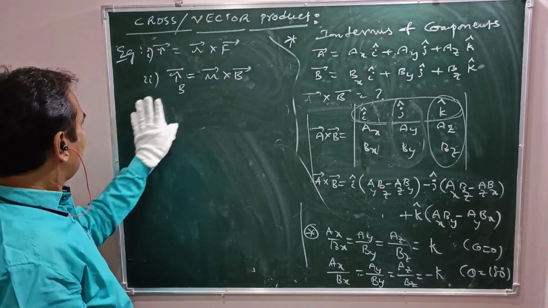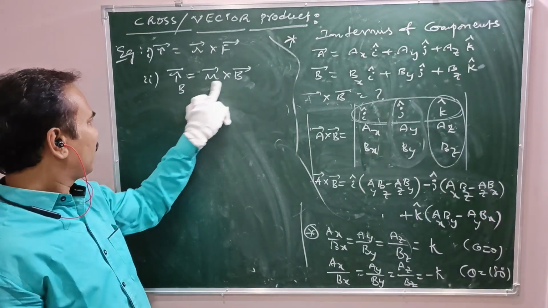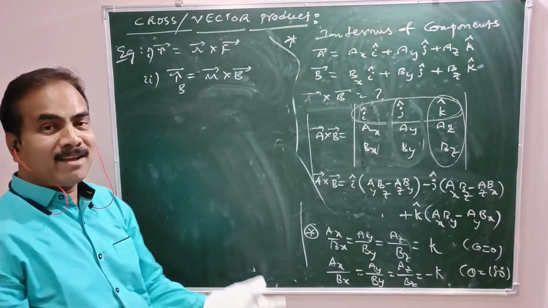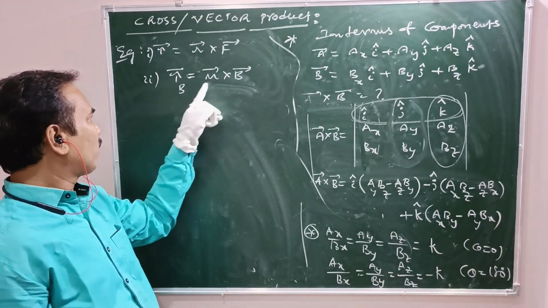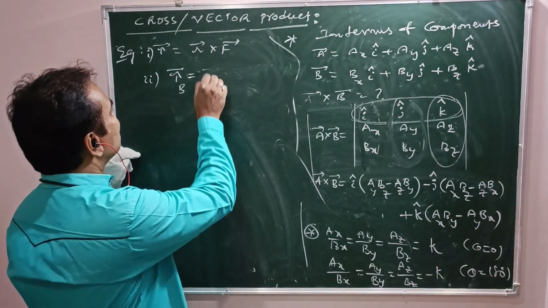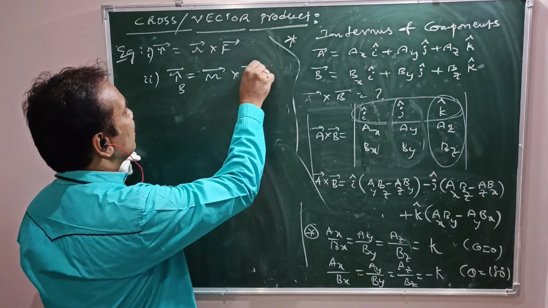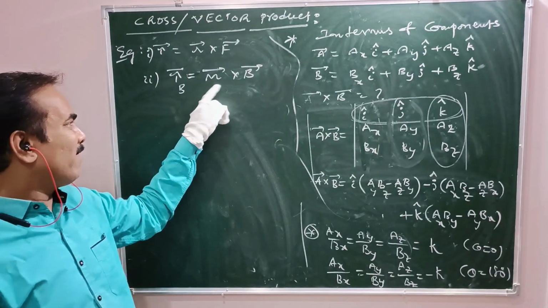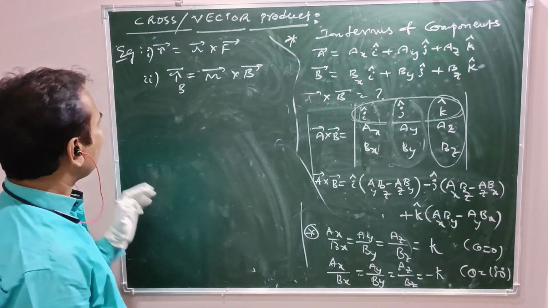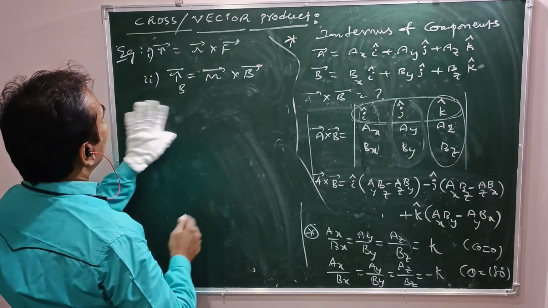In case of magnetism, the torque acting on a magnetic dipole, tau b, equals m bar cross b bar. That is, m is the magnetic moment vector, b is the magnetic field vector. Related to secondary topics, okay, this is a first year topic.